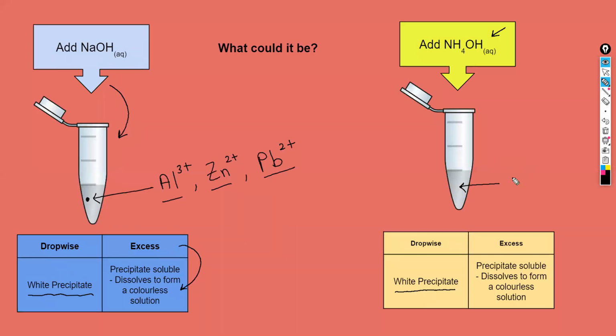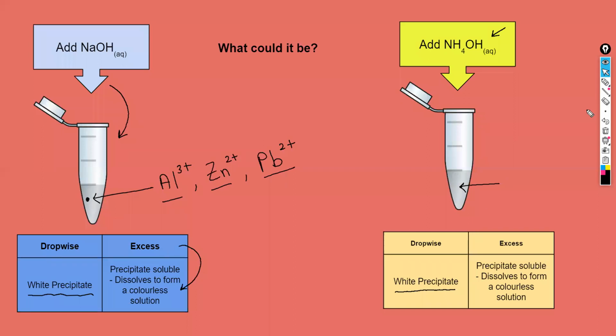What could it be using this new test? Remember, this test is a white precipitate and it dissolves. This one also dissolves to become what? Colorless. This one here, when you use the ammonium hydroxide, the only thing it could be is zinc 2 plus.